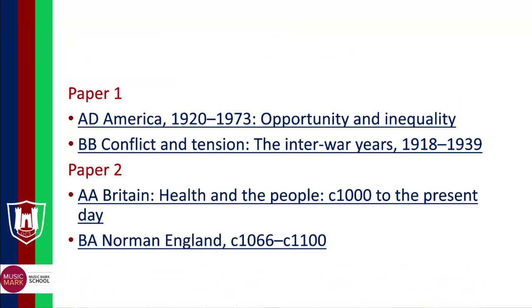For paper 2, section A, you're selecting option A, Britain, Health and the People, circa 1000 to the present day. And in section B, you are selecting topic A, Norman England, circa 1066 to circa 1100.